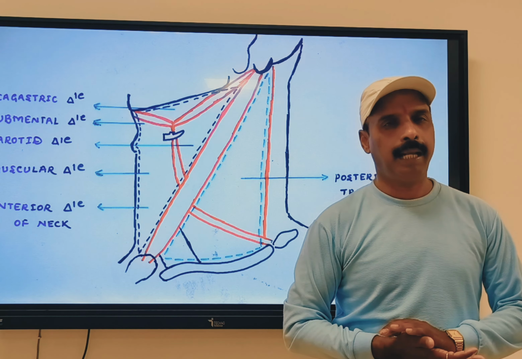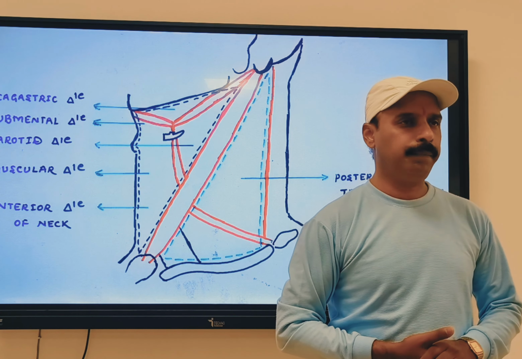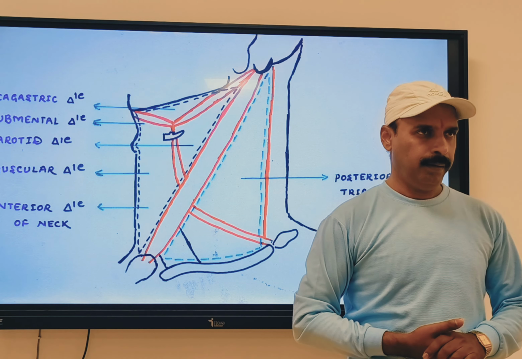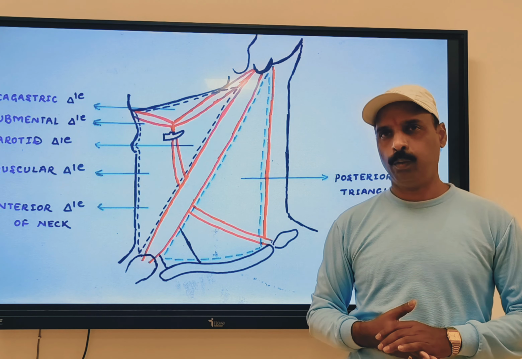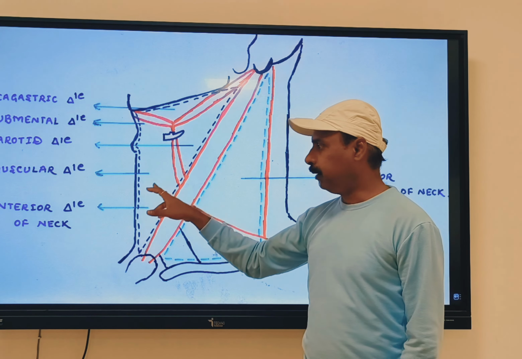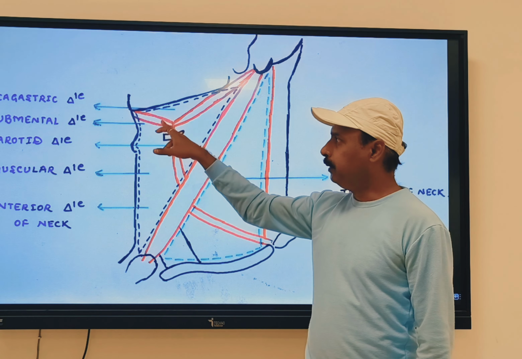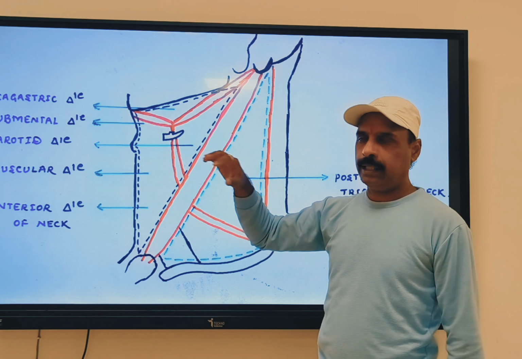Next, this anterior triangle is divided by two muscles into four subtriangles. Sometimes a question is asked directly on one triangle, so this is more than important and you have to remember it. This is the anterior belly of the digastric. Now you have to concentrate.